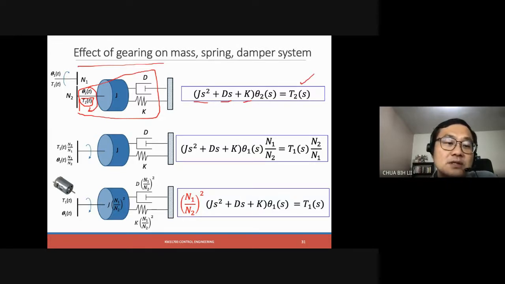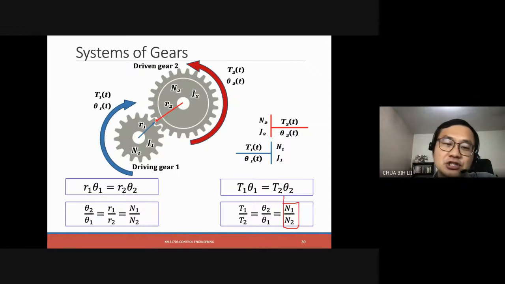Once we have this spring mass damper system equation to define this particular area, what's next is that we also want to include this section, the effect of the gearing. How we can relate this is through all these relationships.